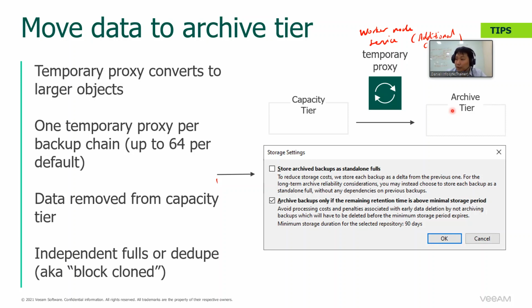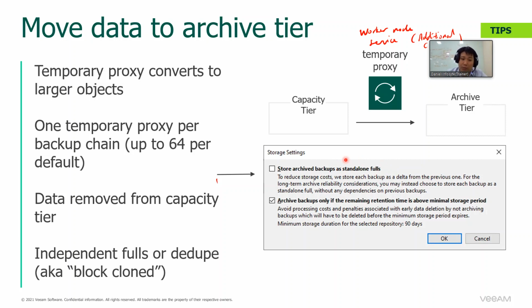Okay. So when you're moving your backup, you see the independent full or dedupe, aka block clone. Your data in the capacity here usually will be using block clone just like dedupe function. Now, compared to regular tier, archive tier now may be charged cheaper per gigabyte. Maybe using archive tier is a better idea to duplicate the data out so that your full backup will be able to store as standalone full, individual, separate full backup file.